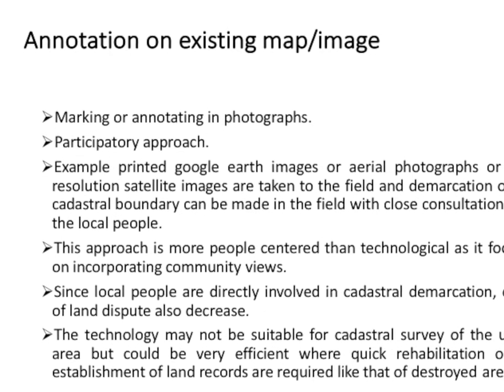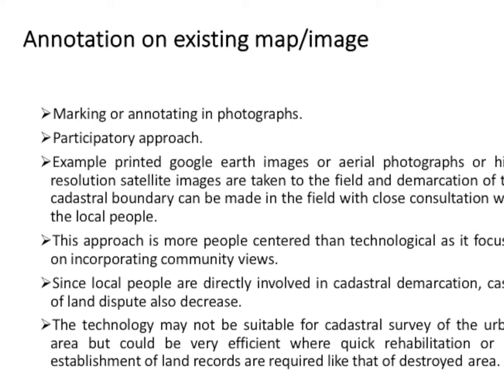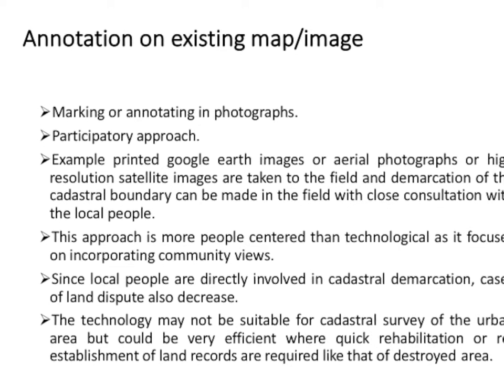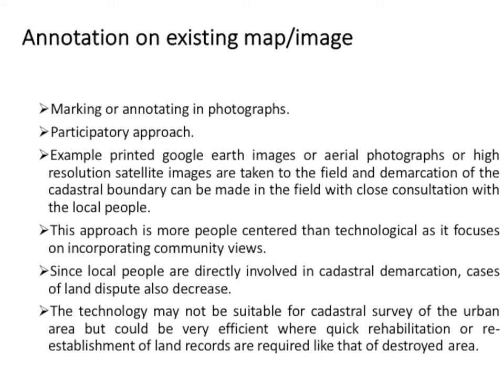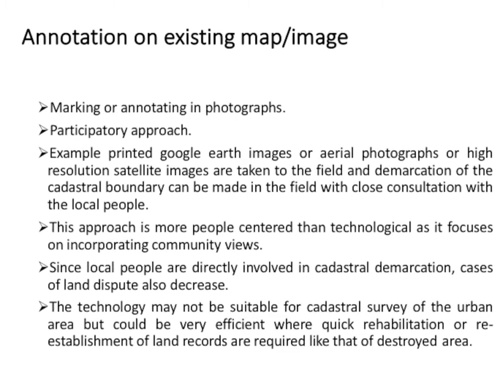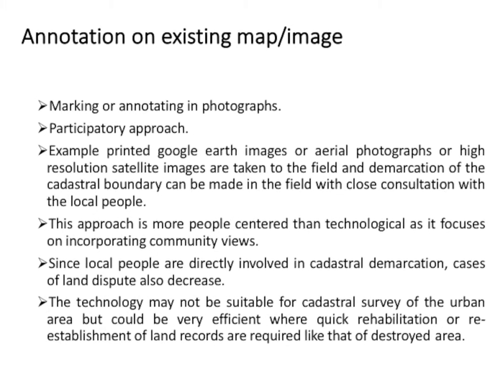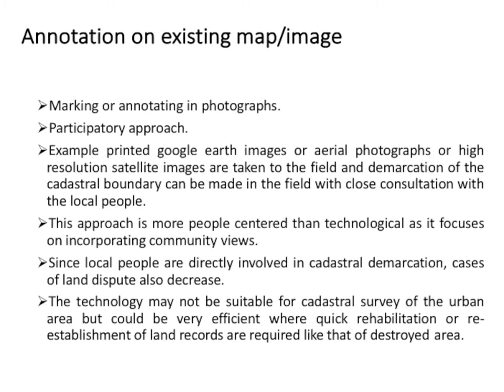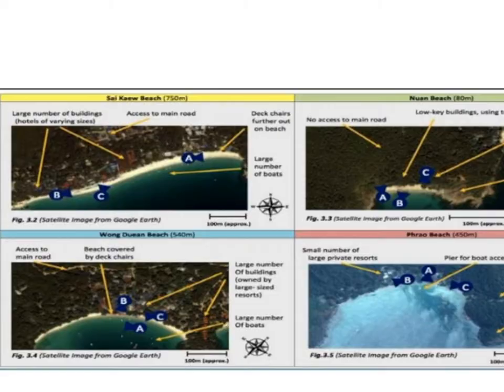This idea is better. You can take a Google map or a high resolution satellite image and gather the local community, and annotate or make a comment or description about the parcel. This will be one of the supporting documents to implement a new cadastral system or a digital cadastral system.